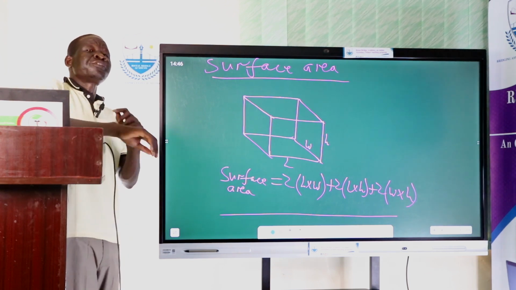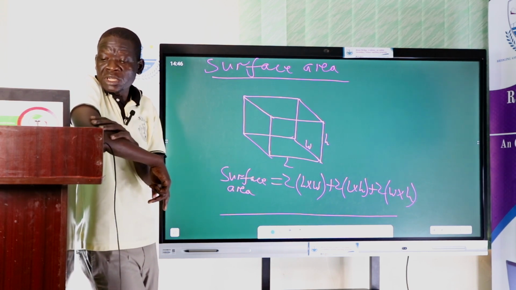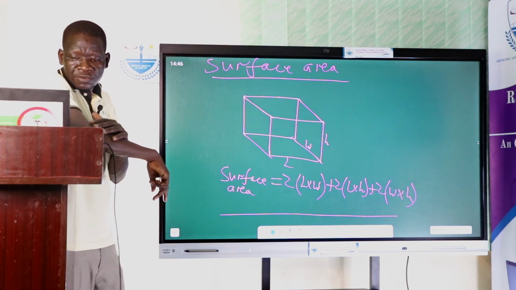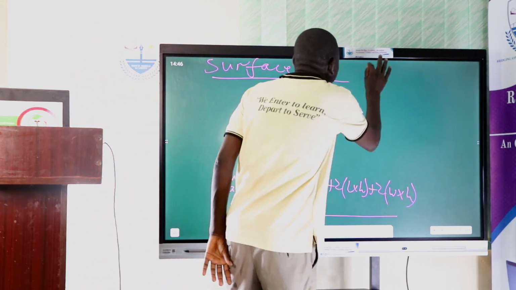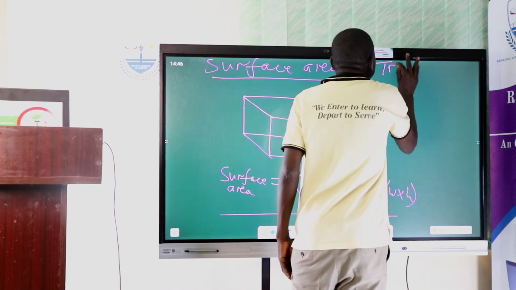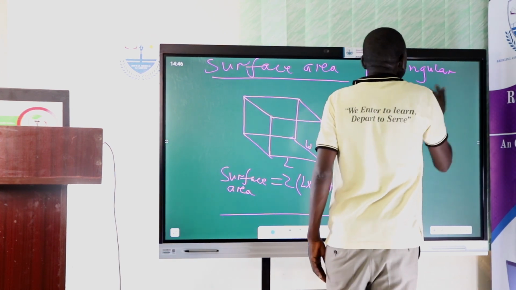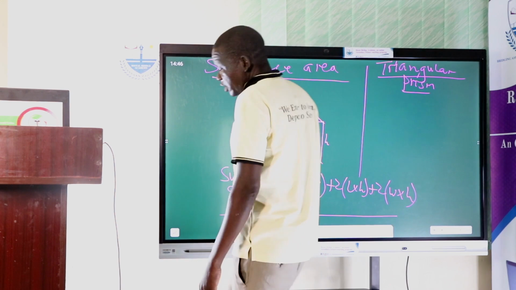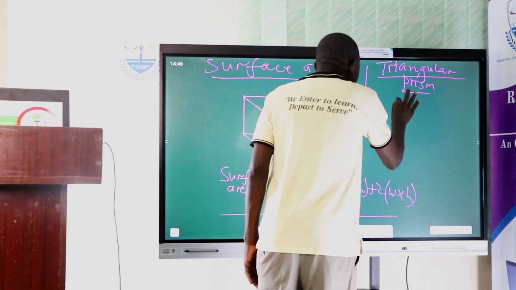To find the surface area of the triangular prism, remember the triangular prism has got five faces. It has five faces, and this is how it looks like.